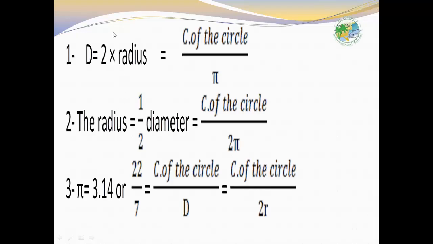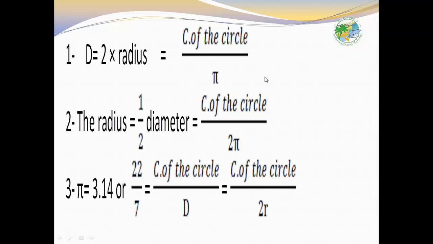If we want to find the diameter, it equals 2 times radius. If we have the circumference and want to find the diameter, we divide the circumference of the circle over pi. The radius equals half times diameter.